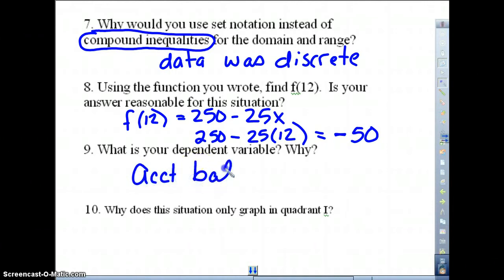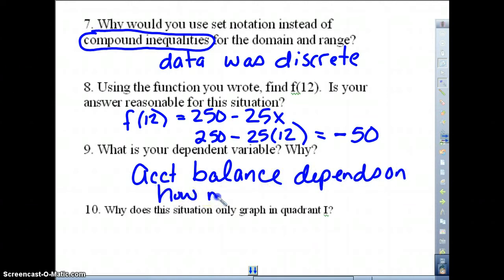Because the balance in my account, or in his account, depends upon how many weeks he's been withdrawing money.